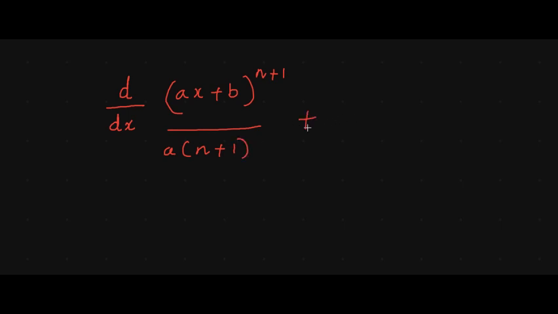So what we are going to do is find the derivative of (ax + b) to the power of n + 1, divided by a multiplied by (n + 1), plus c.